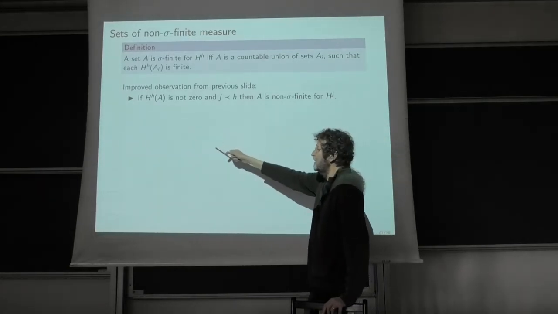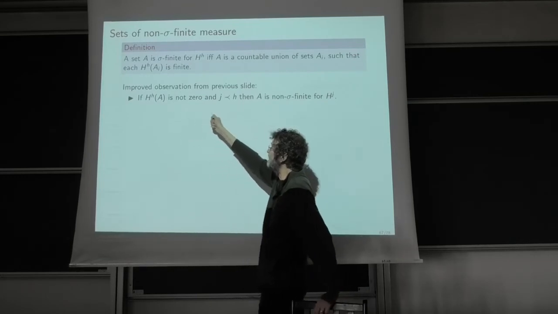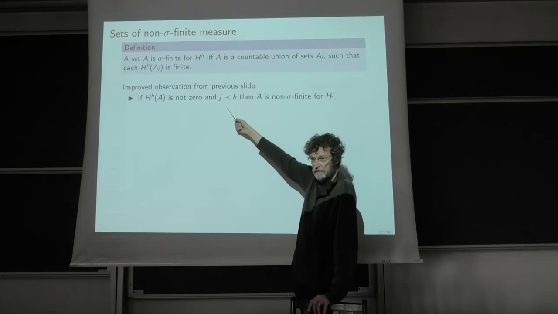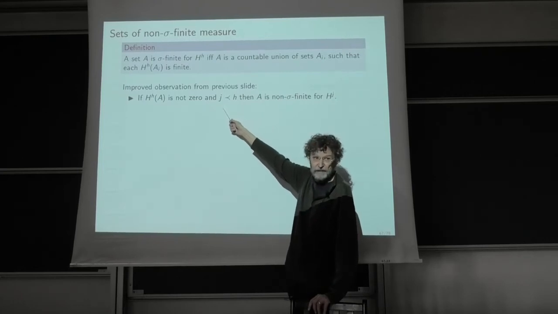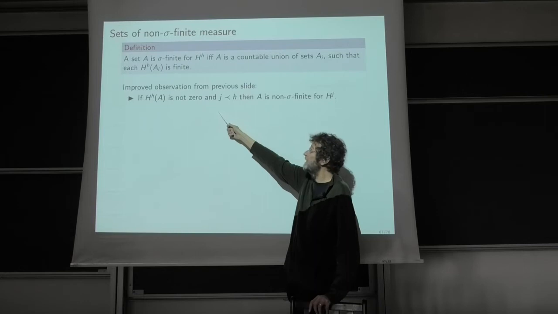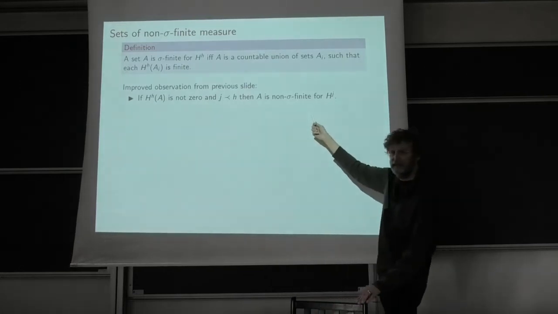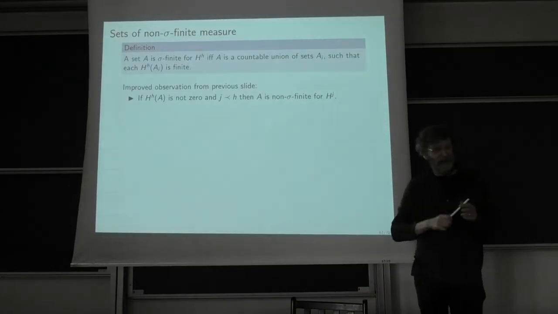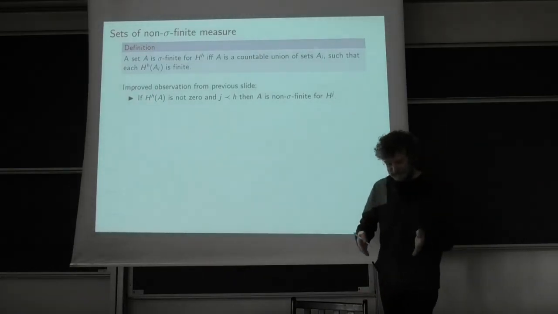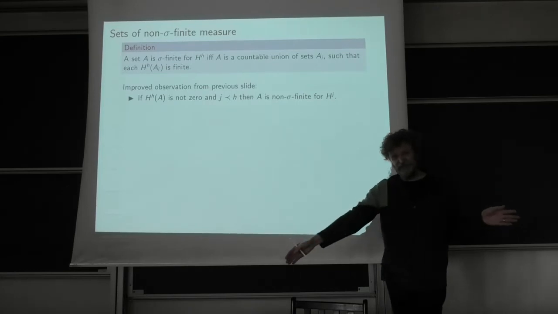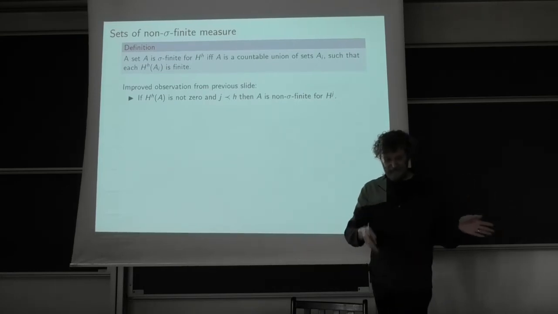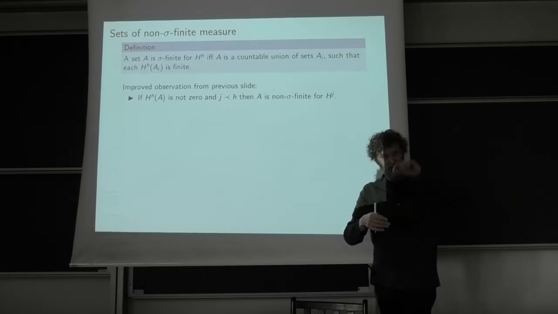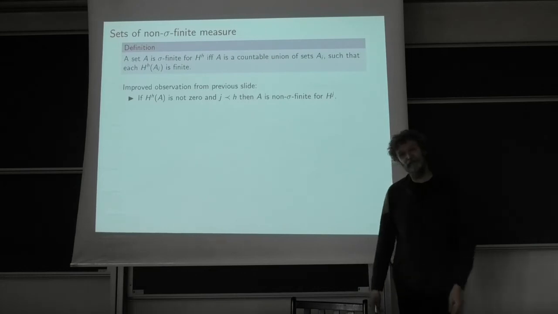Okay, then here's an improved observation. If H says that A doesn't have 0 measure, take anybody that comes before H. A is supposed to have infinite measure, according to the previous slide, but in fact, A has non-sigma finite measure. So even in the case of original Hausdorff dimension, suppose we have that canonical set that has Hausdorff dimension 1/2. Make all the odd bits equal to 0.